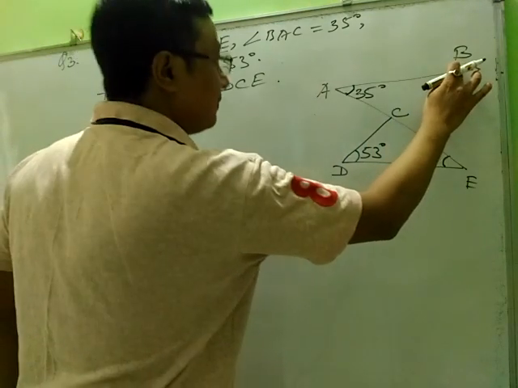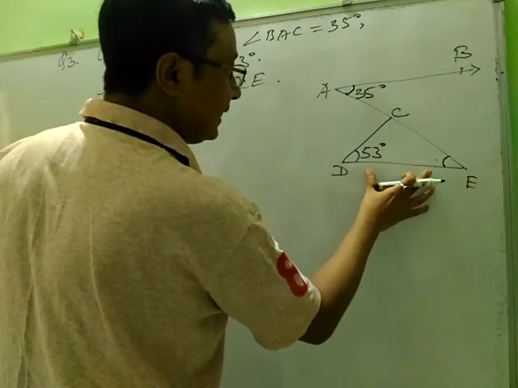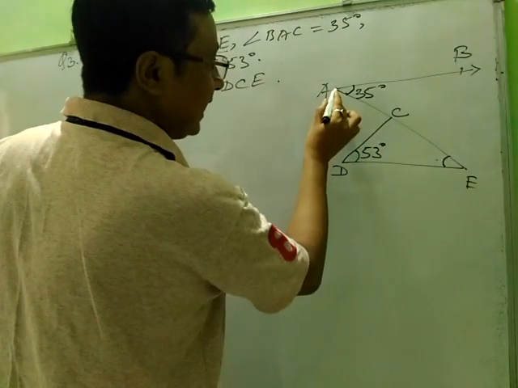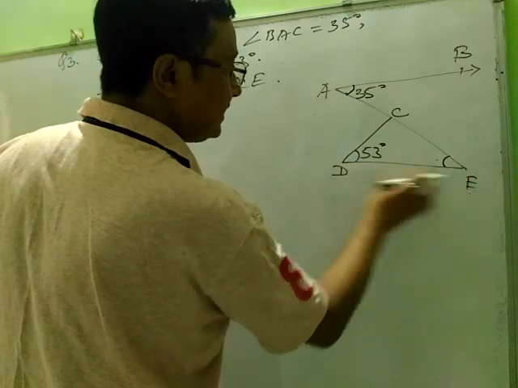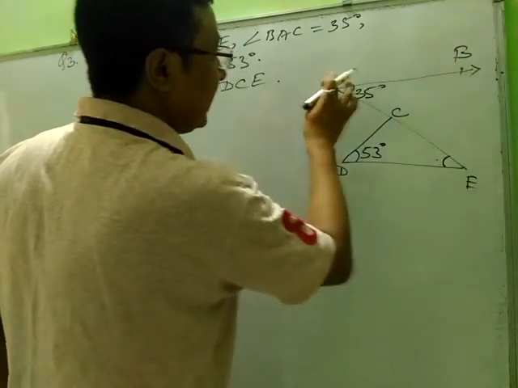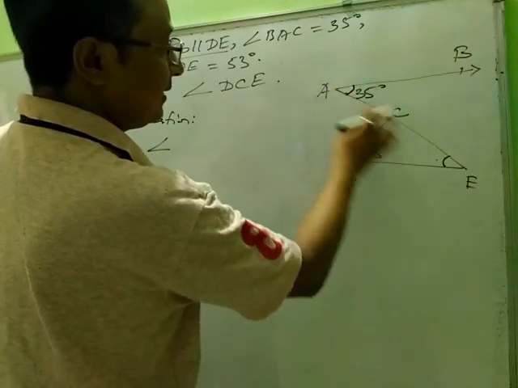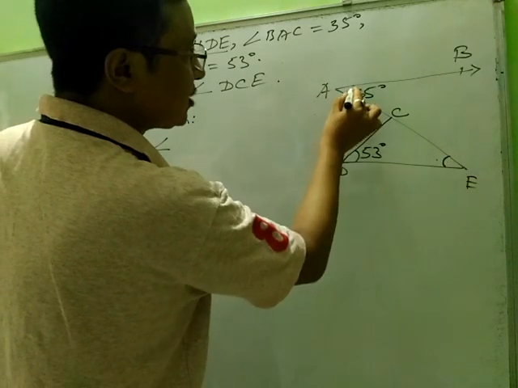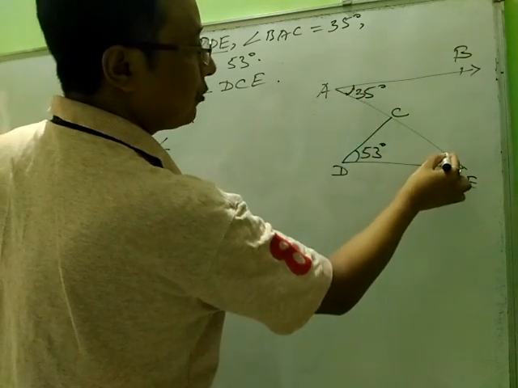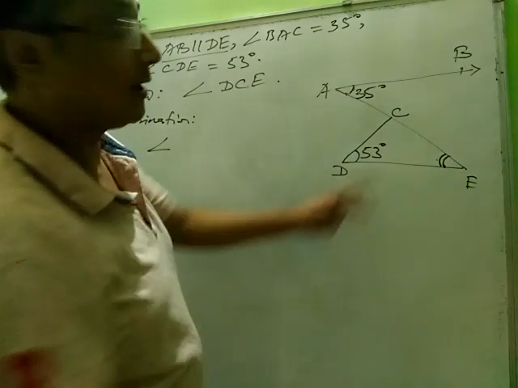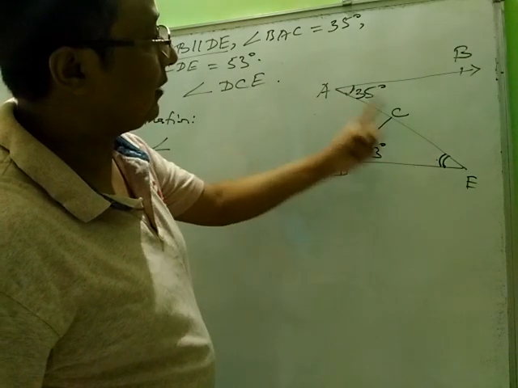AB is parallel to DE, and the line AE intersects the line DE and the line AB at E and A respectively. So these two angles are equal because they form a pair of alternate interior angles.